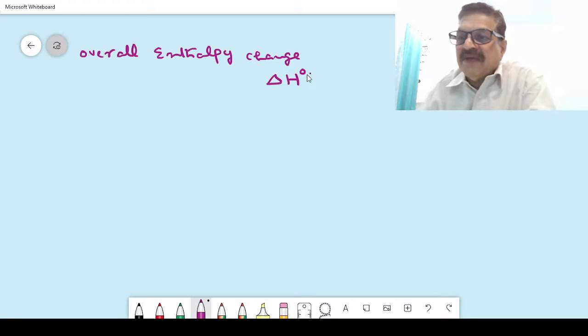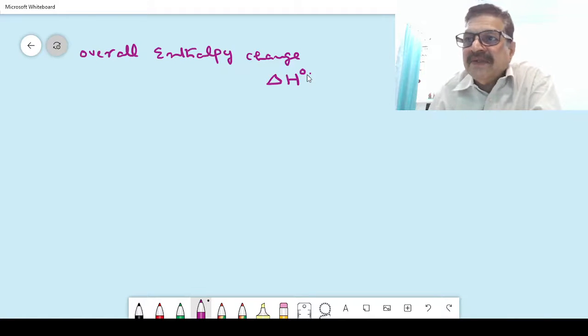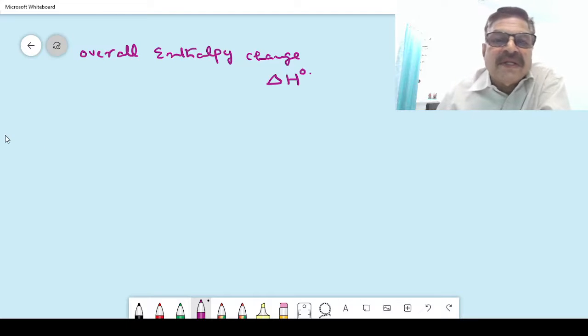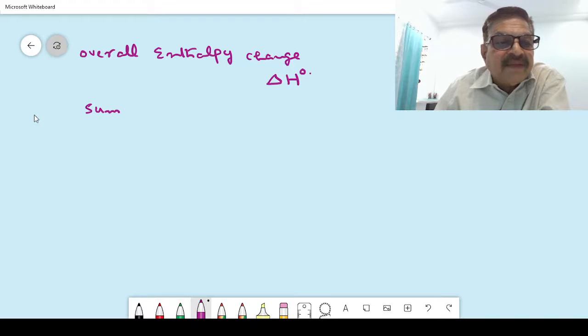This can be a positive or a negative value. The overall enthalpy change is the total change of enthalpy. Many bonds are broken and many bonds are formed.